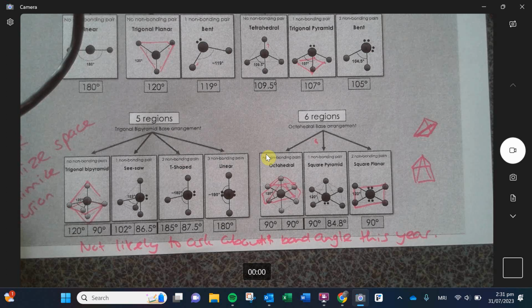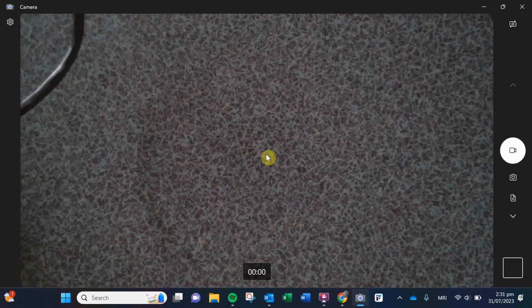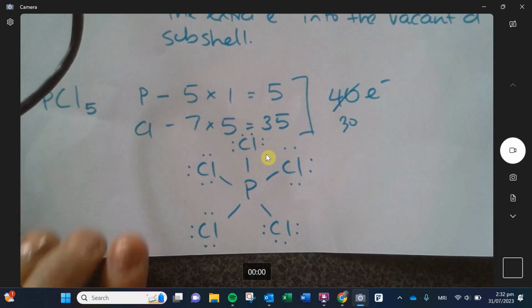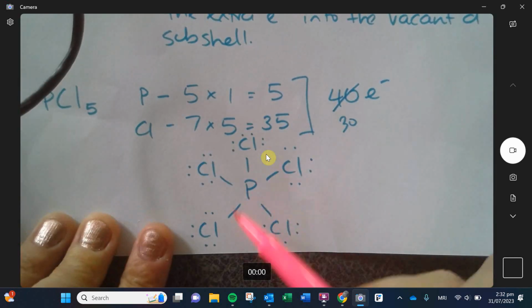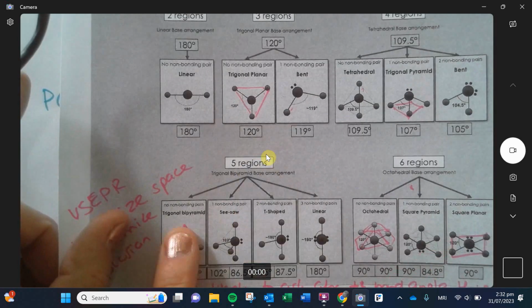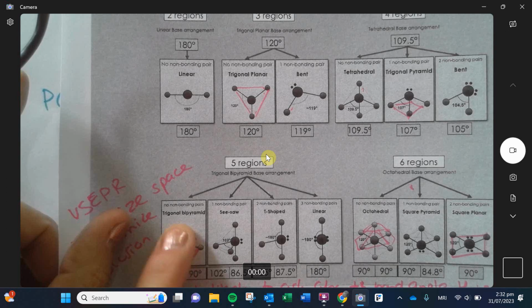If you look at the Lewis structures we did last lesson, this guy has 5 regions of electron density. All 5 are bonded. So if I was to use my table, 5 regions, all bonding pairs, this would be a triagonal bipyramid.